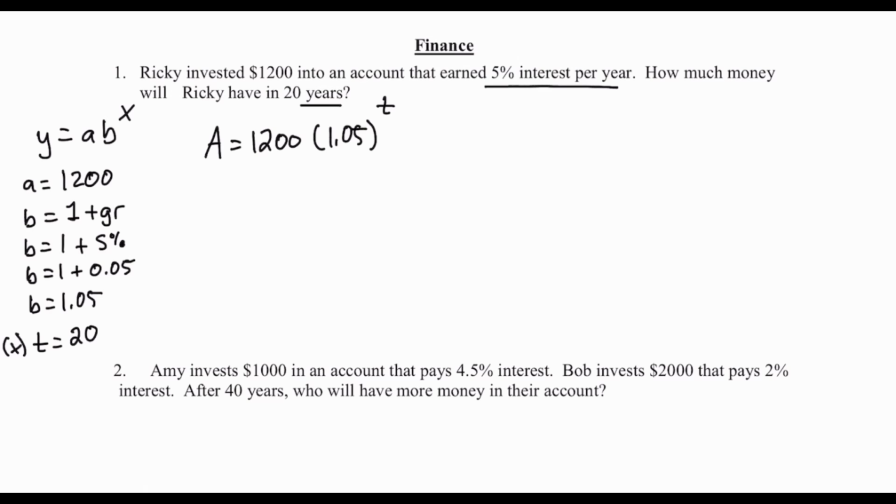And we know that t equals 20, so we're going to evaluate for t equals 20. $1,200, increasing by 5% each year, 20 times over. It's going to give us a value of 1,200 times 1.05 to the power of 20, which is $3,183.96.